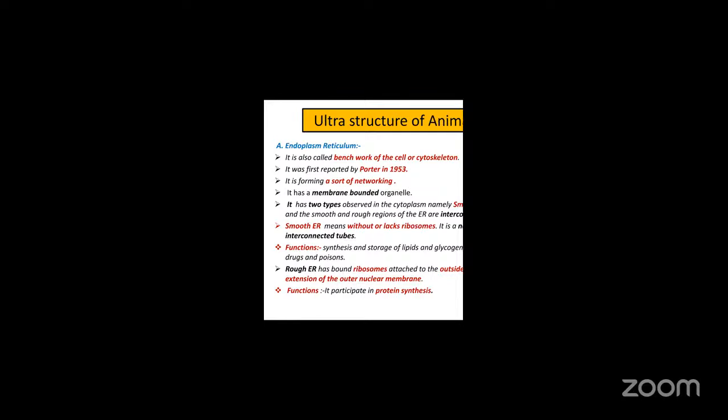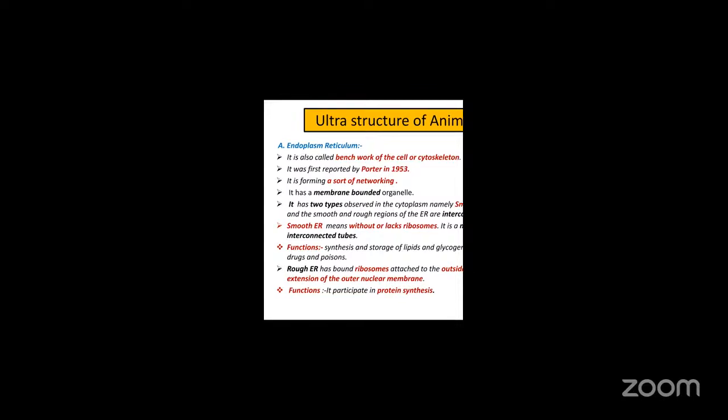If you look at the endoplasmic reticulum, there are two types, and they occur in the form of a network. One is called smooth endoplasmic reticulum, and the other one is called rough endoplasmic reticulum. Both of them are interconnected with each other.